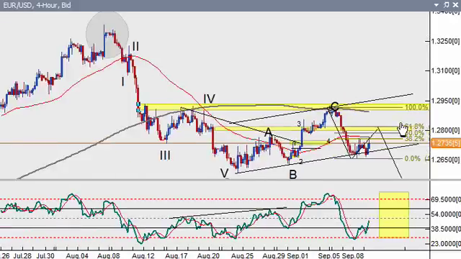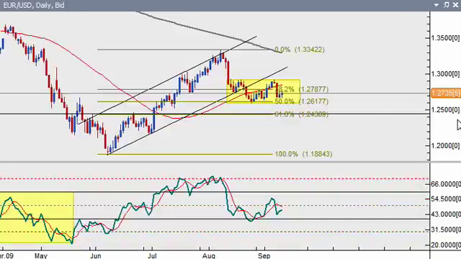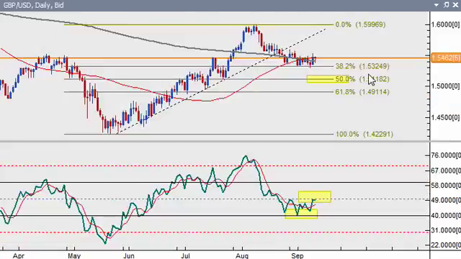So both of these markets are consolidating, as you can see in the 4-hour time frame. The bearish outlook for the euro dollar goes to 1.2450, while for the pound dollar it goes down to the 1.5120 area, and that is if both pairs stay below their respective resistance area.